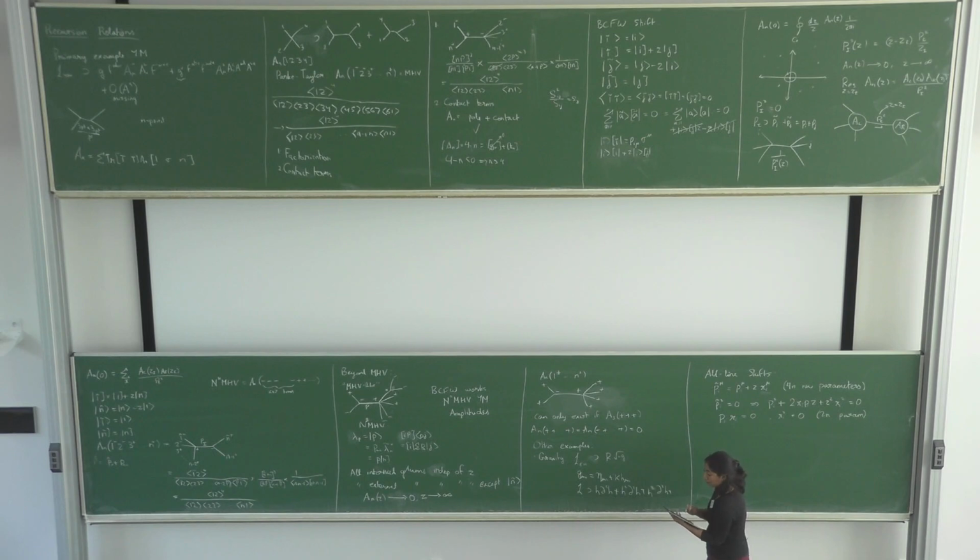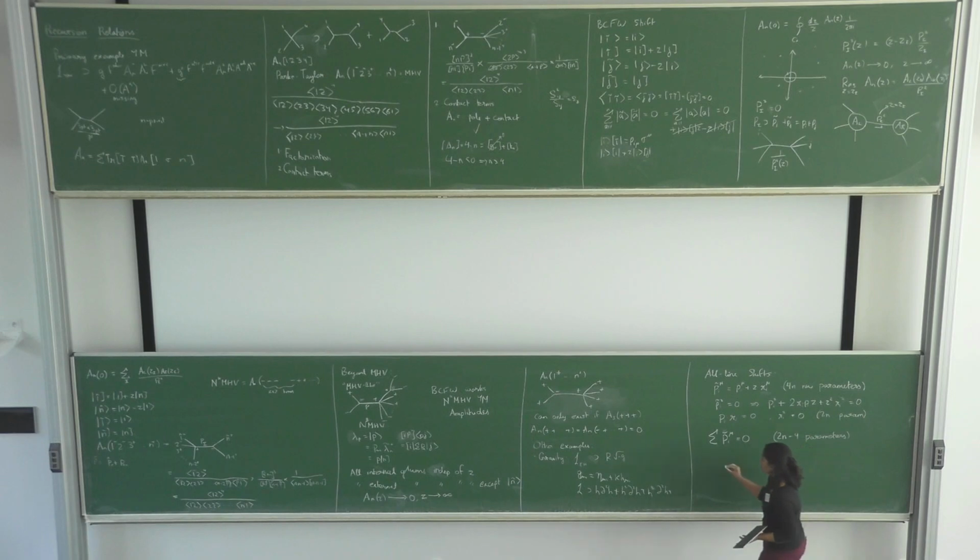So this is a total of 2n parameters then, after I've made sure that these constraints are satisfied. Okay? The second constraint that BCFW satisfied was momentum conservation. So I want the sum of p_i tilde^mu to be equal to 0. Right? So this is another 4 conditions, which means I'm still left with 2n minus 4 parameters. Okay?